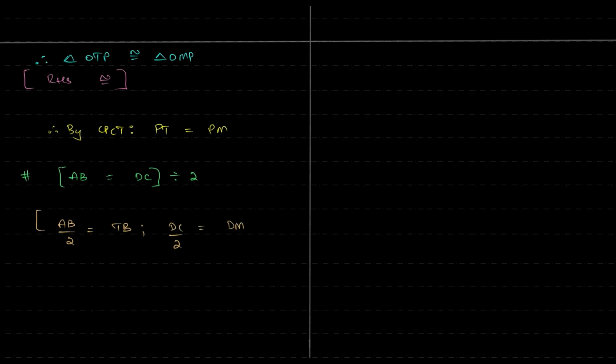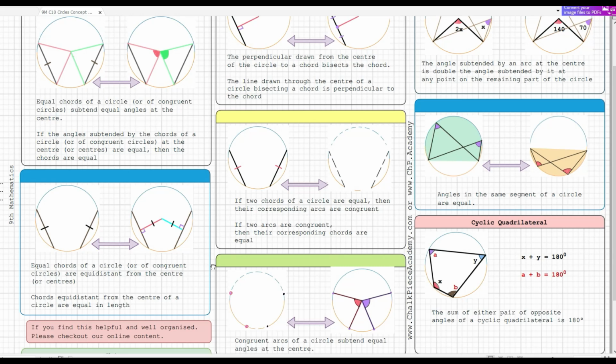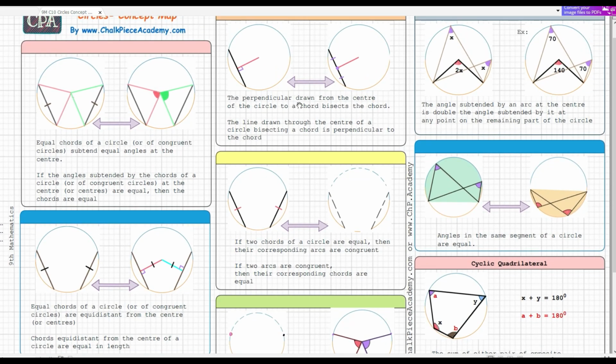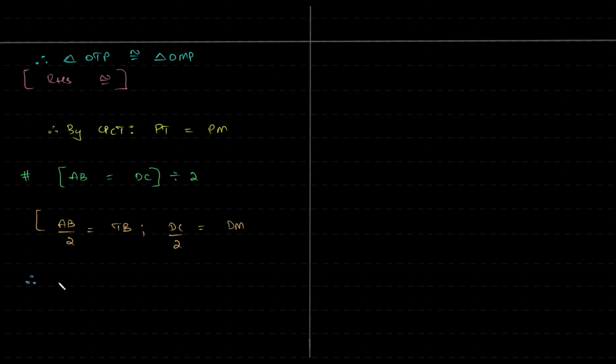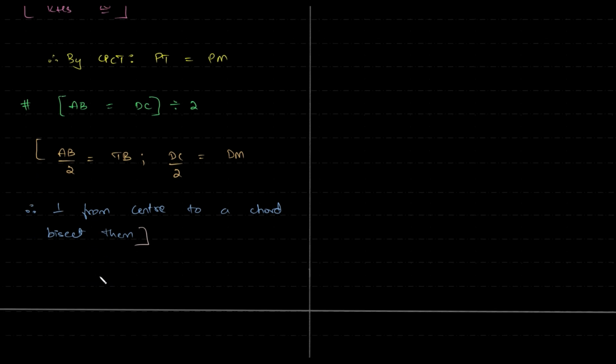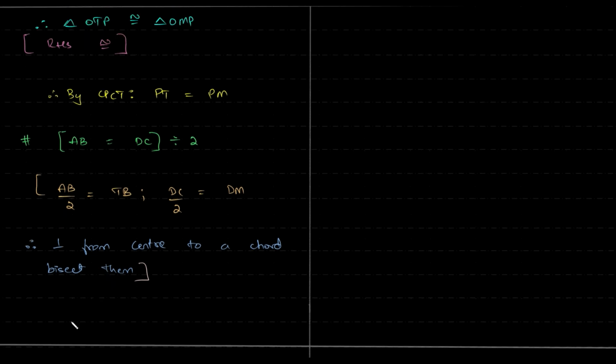But why is it so? Which theorem are we looking at? Perpendicular drawn from the center of the circle to a chord bisects the chord. And with this reasoning, what can we conclude? That TB is equal to DM. Therefore, TB is equal to DM.